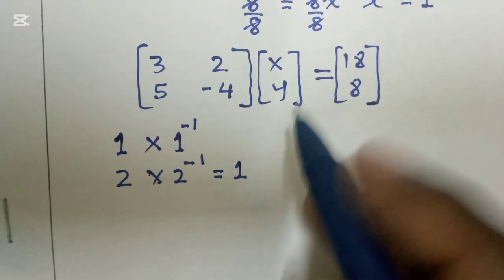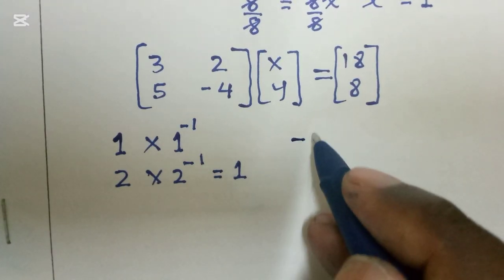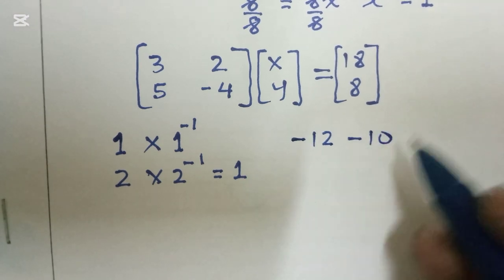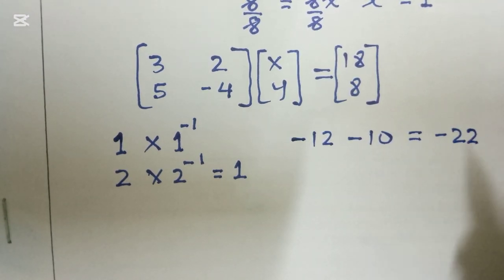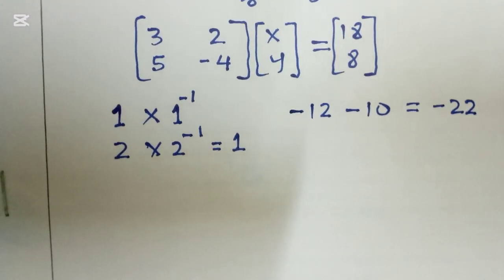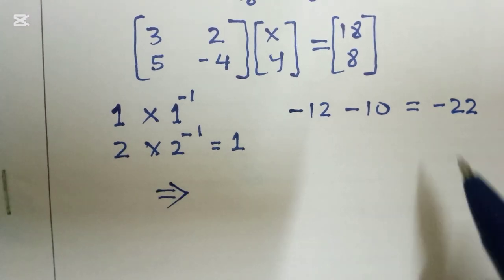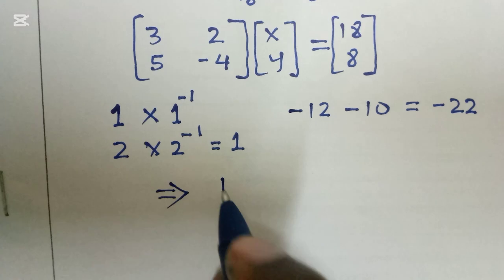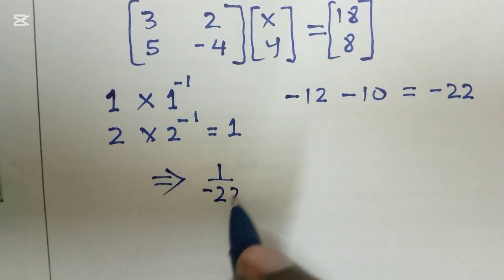So that one gives us 3 times negative 4 is negative 12, negative 12 minus 10. So that one gives us negative 22. So for us now to get the inverse, we use the reciprocal of the determinant, which is 1 over negative 22.